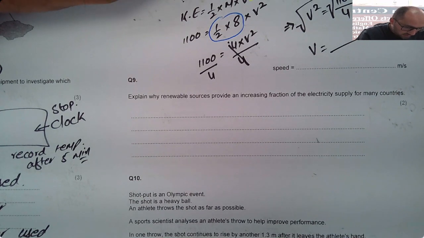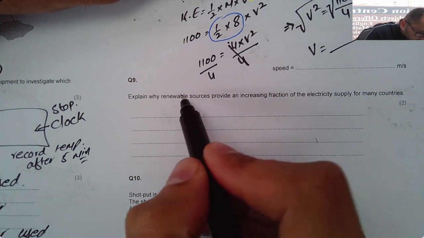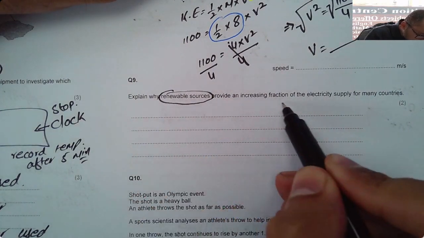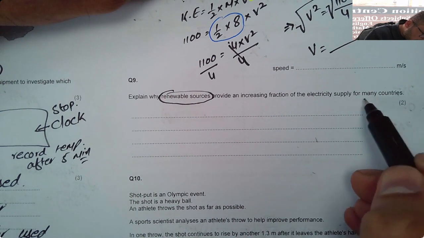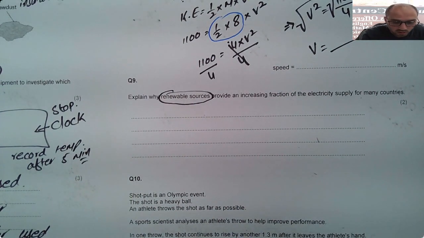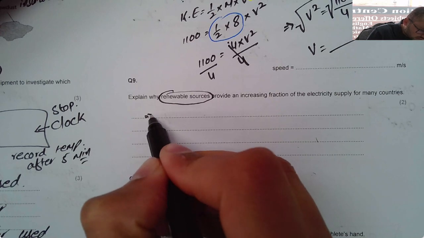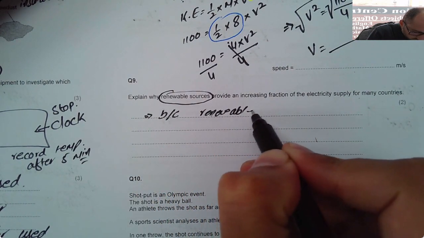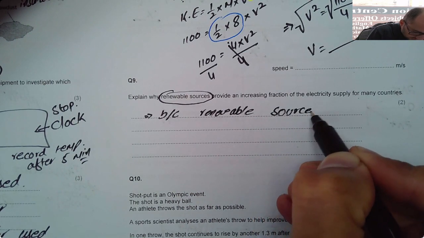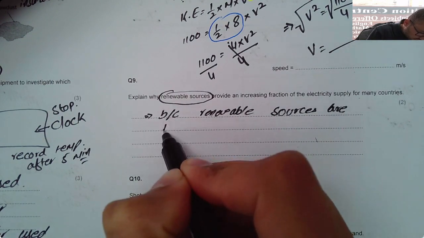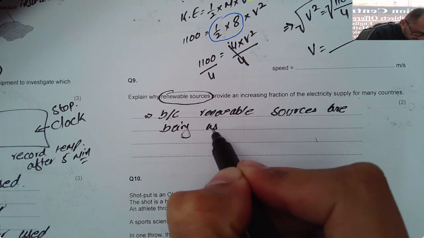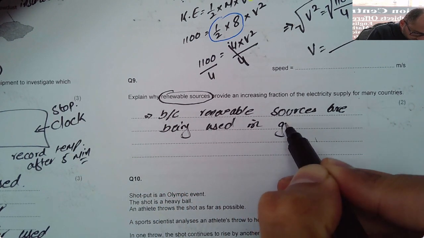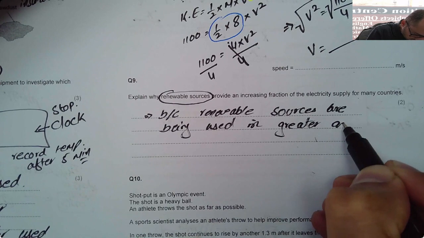Next question says, explain why renewable sources provide an increasing fraction of electricity supply for many countries. So in other words, they're saying, why is it that in many countries more energy is being produced from renewable resources, right? So we can say this is because renewable sources are being used in greater amount.